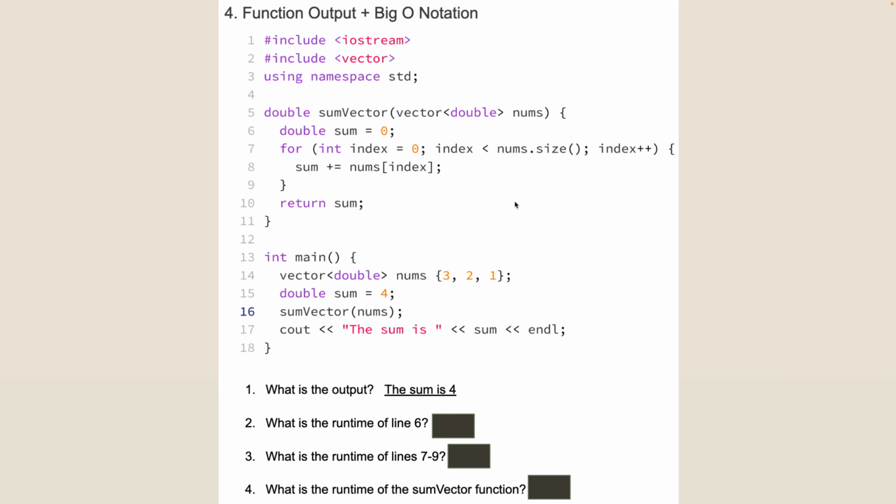All right, runtime of line 6. Before we answer it, runtime is related to a certain kind of input and essentially how many elements we're processing. So in this case, for this function, what is our input?